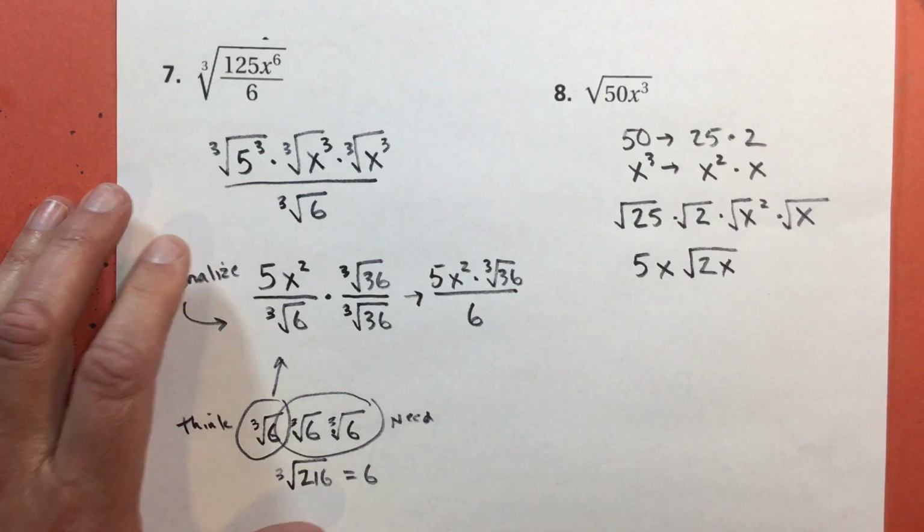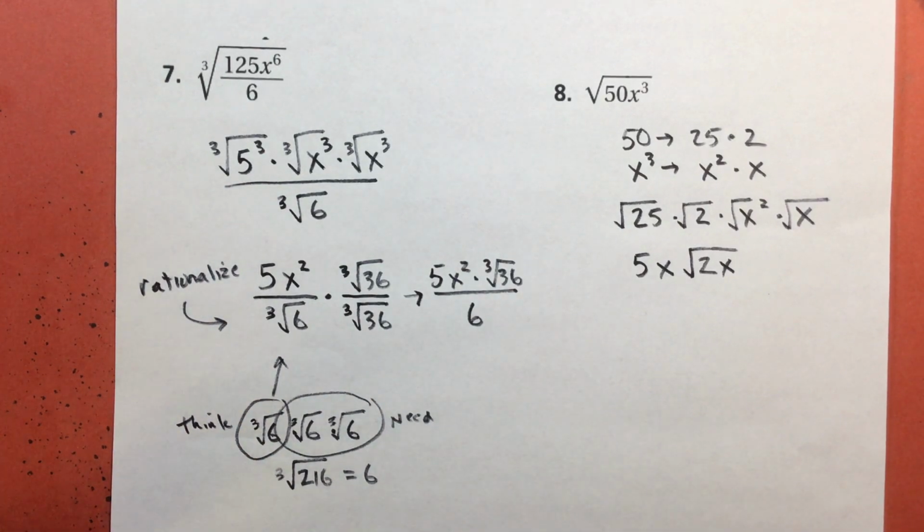So I was able to pull out perfect squares from what I had. I had 50. I know that that's a perfect square multiplied by another number. I can take the square root of that 25, that perfect square, and simplify that, but I don't know what the square root of 2 is. Okay, or at least I'm not going to estimate it.